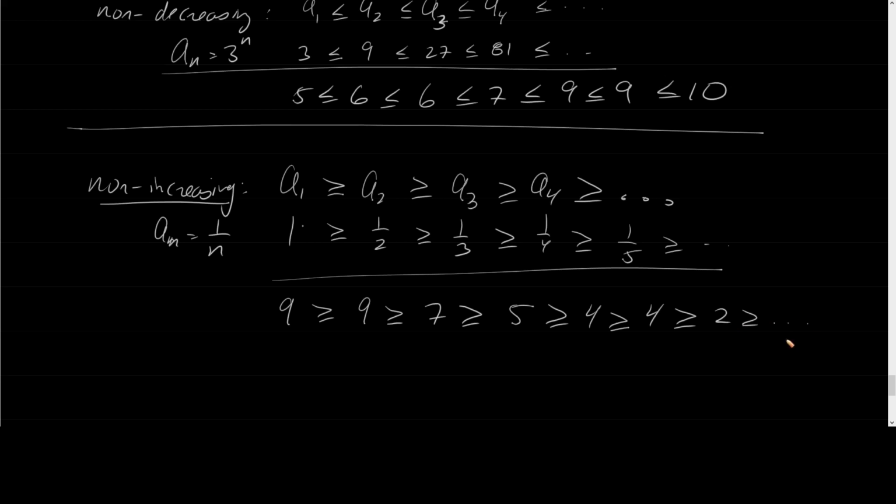The idea here is that even though, for example, from 9 to 9, it didn't go smaller, it also did not go bigger. Similarly here from 4 to 4, it didn't get smaller, but it also did not increase. So it's a non-increasing sequence versus saying a decreasing sequence. All right, so that's just some terminology there.